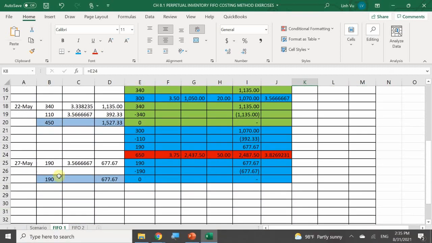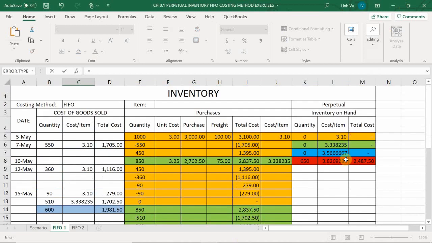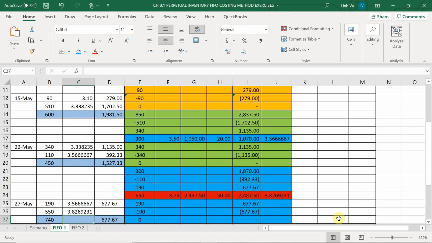Now, how many more do I need to sell to get a total of 740 units? 550, okay? At a cost per item of 3.8269. Okay.